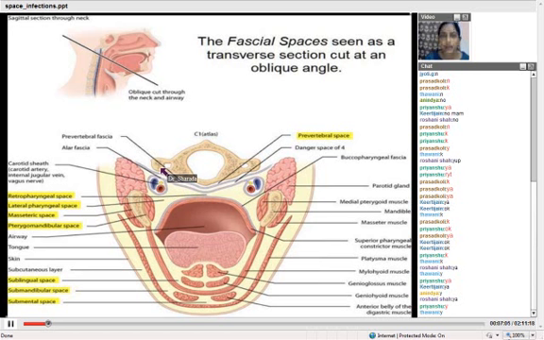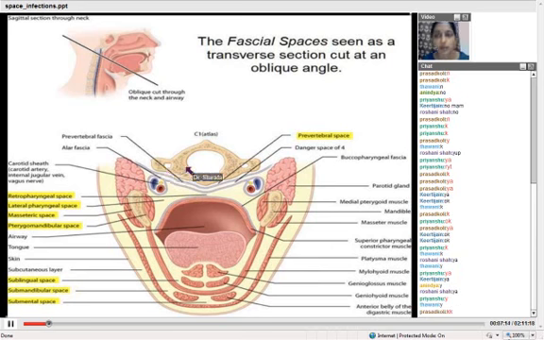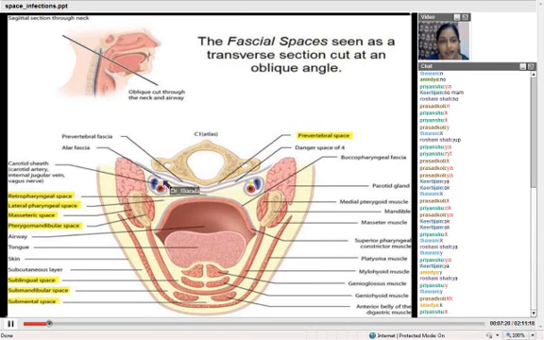I have a question for you, from an MCQ point of view. Let's go through all the spaces in this diagram and I'll ask you a couple of questions. So for now, this is the prevertebral space. This is the alar fascia. This surrounding, can you see this?